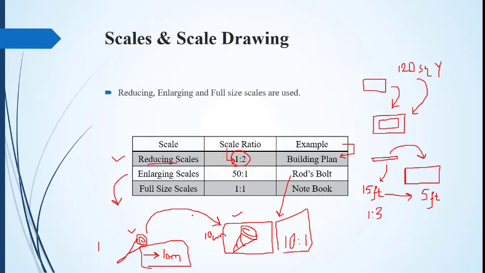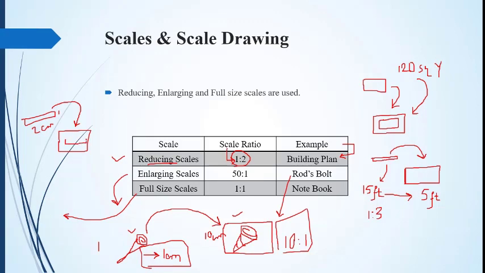The third one is full size scale. Full size scale means that if any object in the original, for example, this is a sheet, and any object which is in the original position has a dimension of 2 centimeter and 1 centimeter, and we want to construct the same actual object on the drawing sheet.